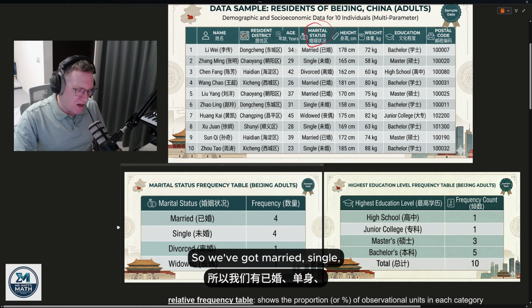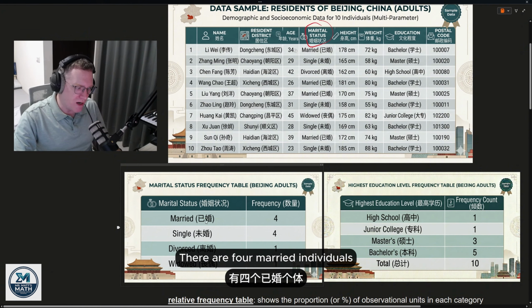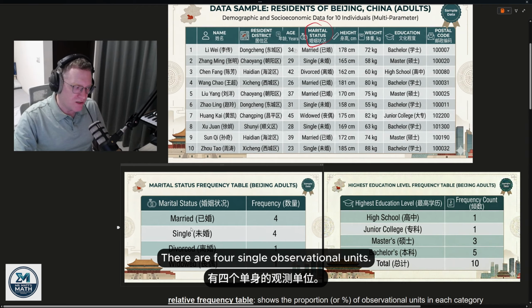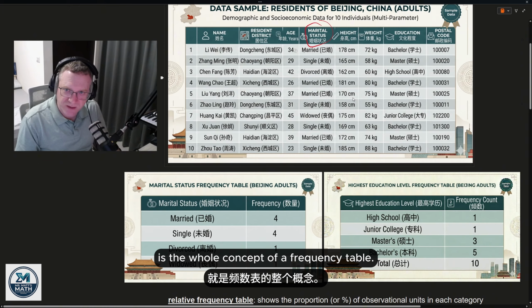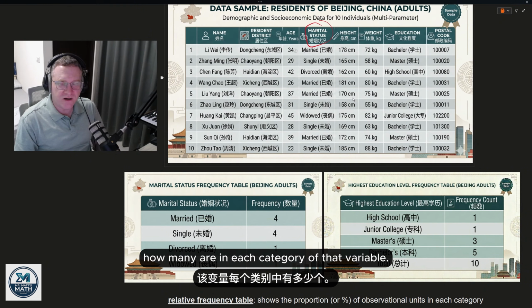So we've got married, single, divorced, widowed, 4, 4, 1, 1. There are 4 married individuals or observational units. There are 4 single observational units. There is 1 divorced observational unit, and there is 1 widowed observational unit. So that's the whole concept of a frequency table. Very easy. You just count how many are in each category of that variable.